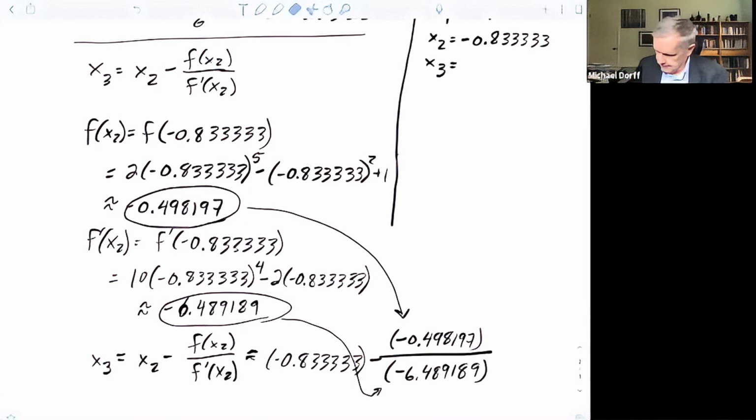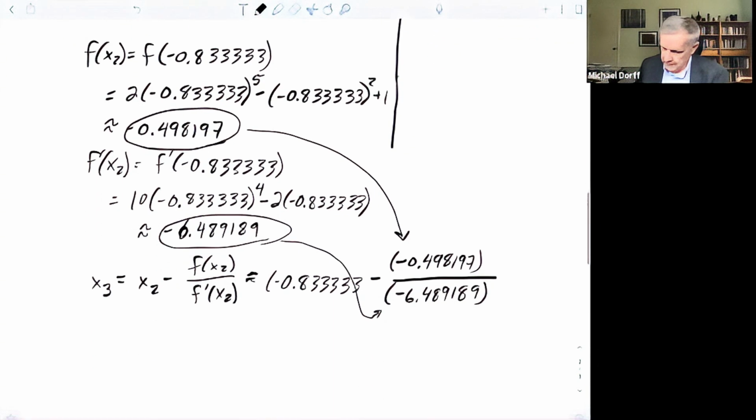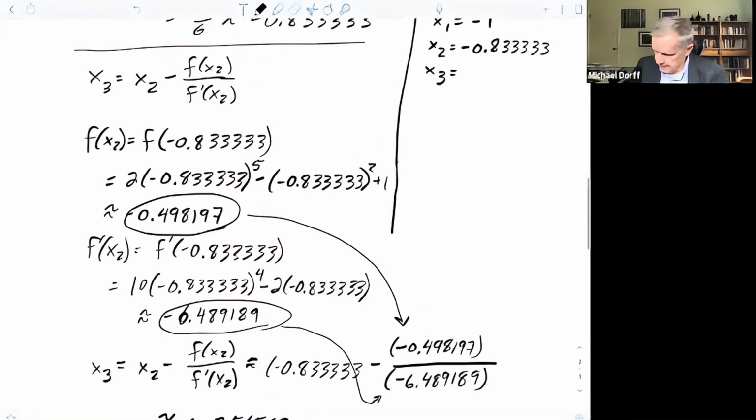And just so it's clear, this has a negative in front of it. All right, and when I approximate that answer, I get negative 0.756560.